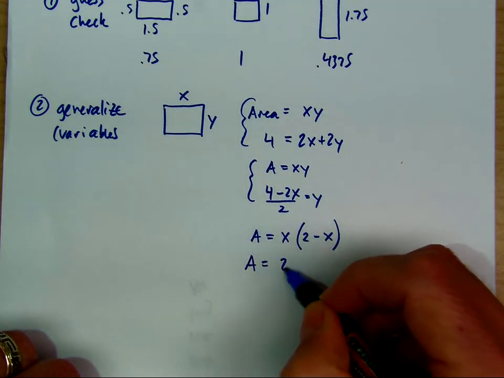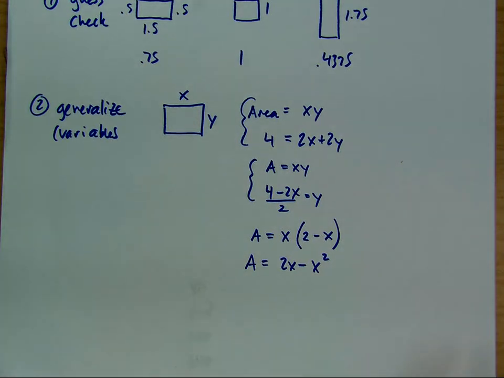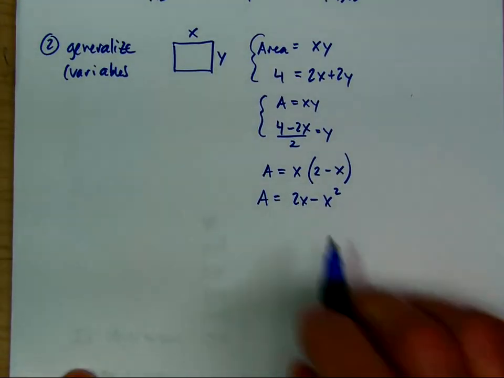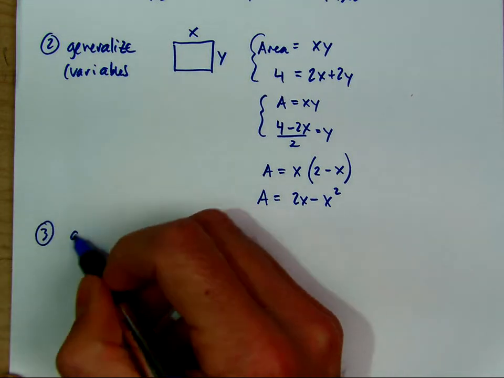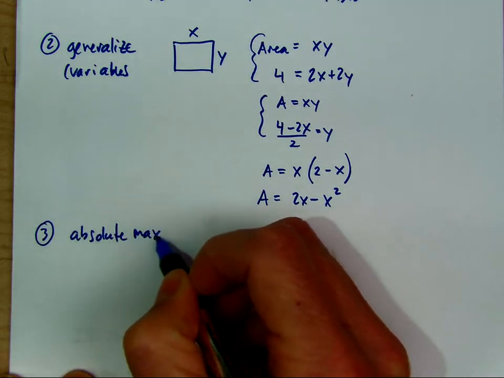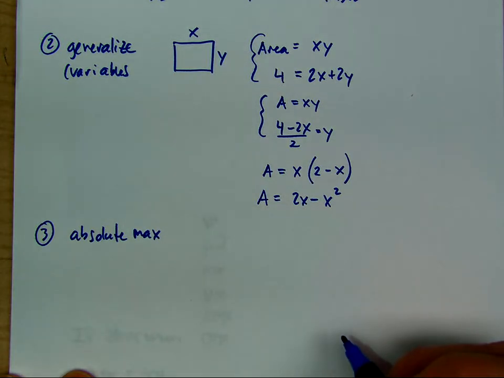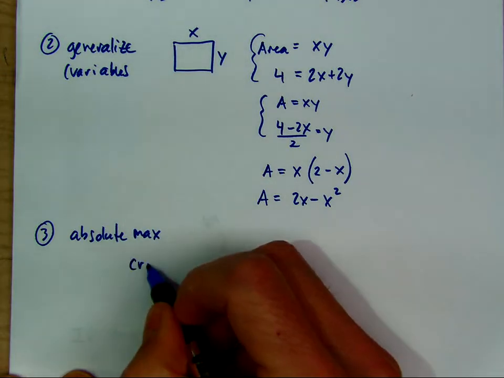We're going to do the derivative, so why don't we just make it a polynomial instead of a product rule. Then step 3 is absolute maximum. And we just follow the steps that we learned for absolute maximum. We need critical numbers.